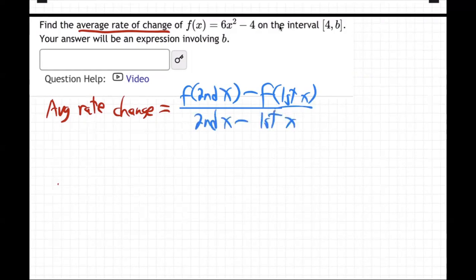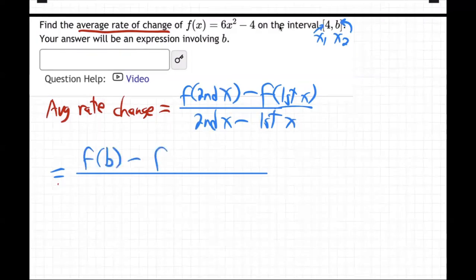Okay. So let's do that. So now this is the first x, and this is the second x, 4 and the b. So we're supposed to do f of b minus f of 4 over b minus 4.